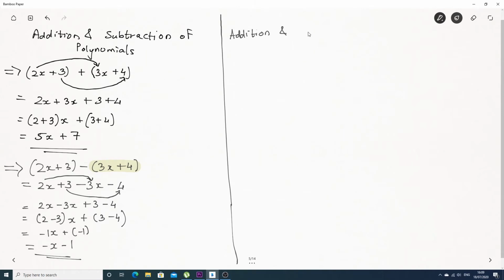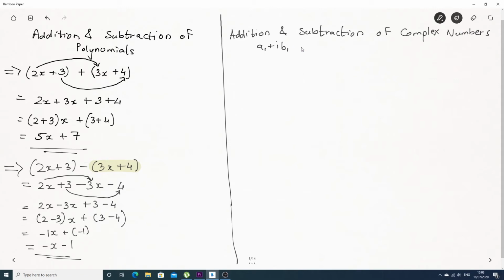I know that many of you might have done addition and subtraction of polynomials a lot of times. But the only reason I'm doing it again here is because addition and subtraction of polynomials and of complex numbers are very similar in nature. In the case of complex numbers, we follow a very similar pattern.